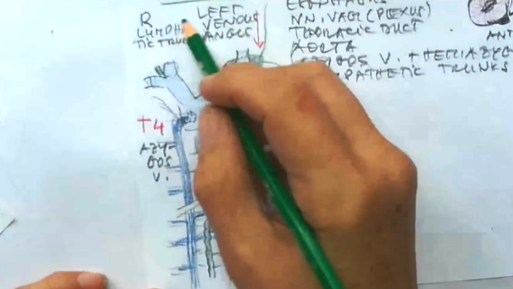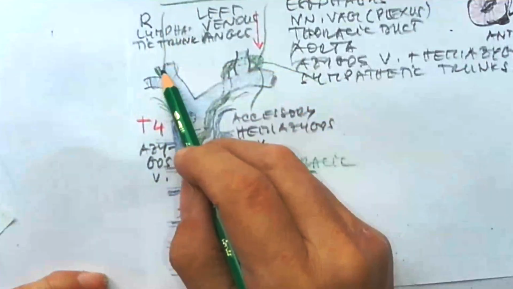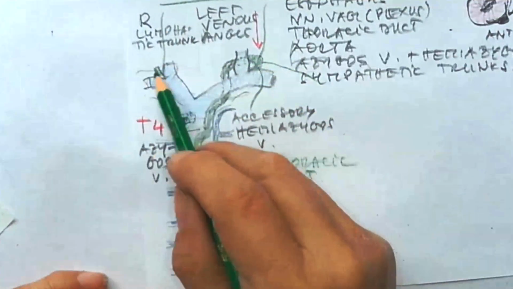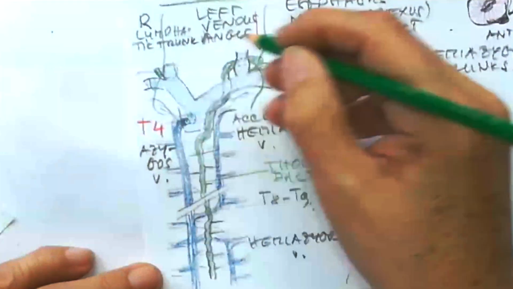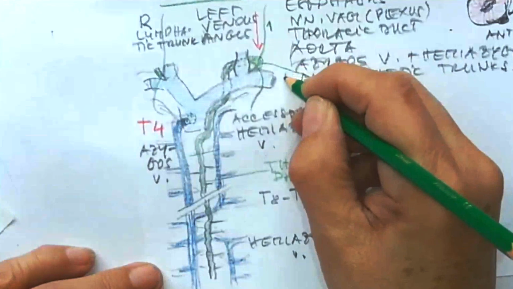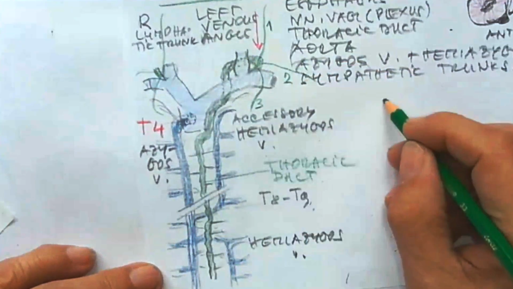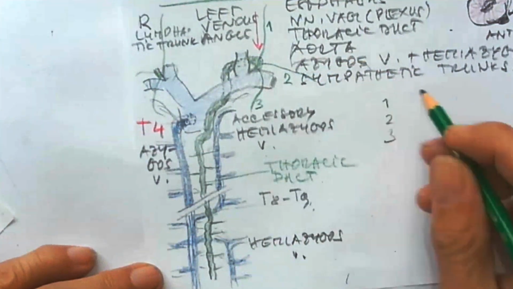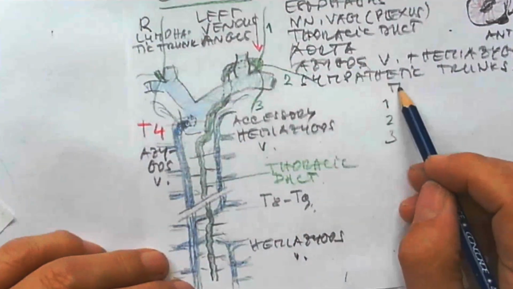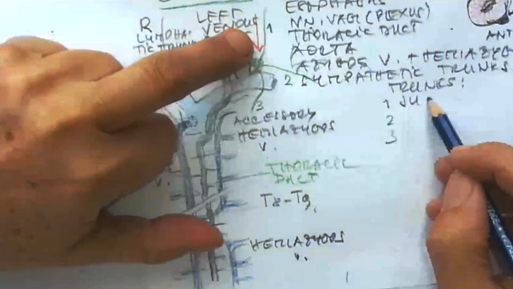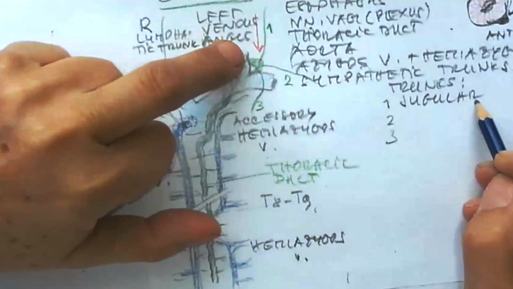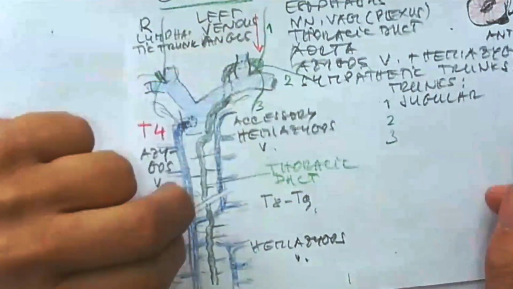I'm drawing just three lines like that, and they are the same on both sides, having the numbers 1, 2, 3, and 1, 2, 3. They are like tributaries, the trunks, and number 1 is jugular, collecting lymph from the head and neck.